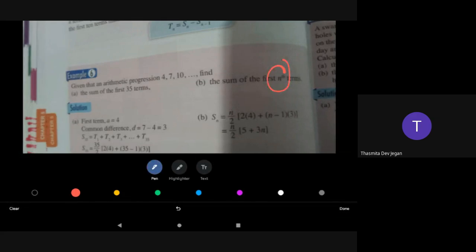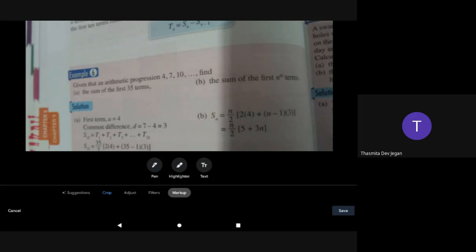Next we use 2a, where a is 4. Next n minus 1, which we don't know yet, then 3, as the d, 7 minus 4. So we will simplify everything. This is the formula for this sequence only. So when we want to find Sn, it will be n over 2 times (5 plus 3n). This is from the sequence given.